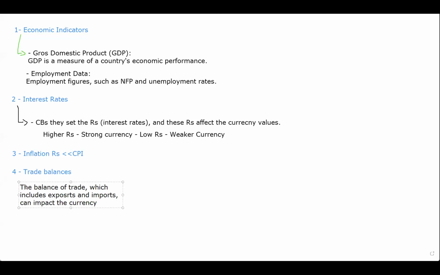I have a very nice example. If we have time in the end, I'll explain this. A country with, how can I say that, a trade surplus, that basically means more exports than imports, may see its currency appreciate.